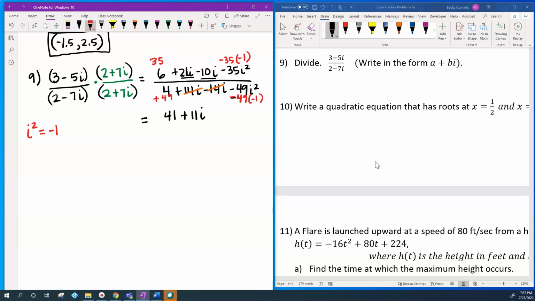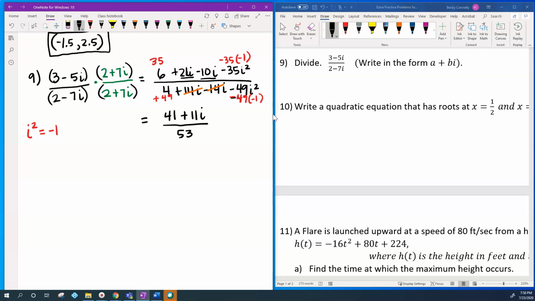So we're adding 49 to that, and then the middle terms are just gone, so this is going to be over 53.